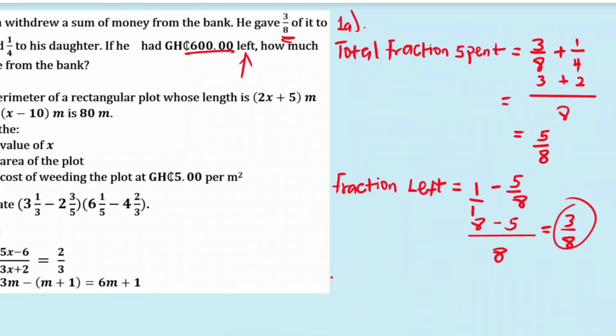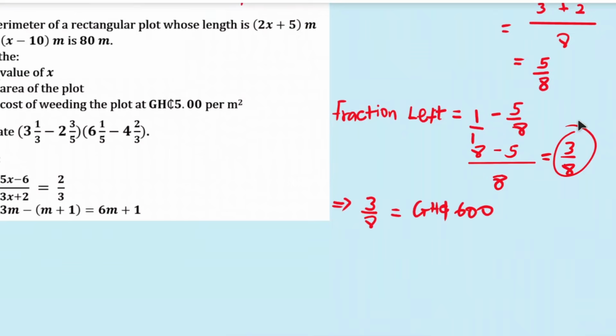So like I was saying, 3/8 is equal to 600 Ghana cedis. We can forget about the 0.00; after that, you bring it at the end of everything. So now, we have seen that 3/8 is equal to 600 Ghana cedis.